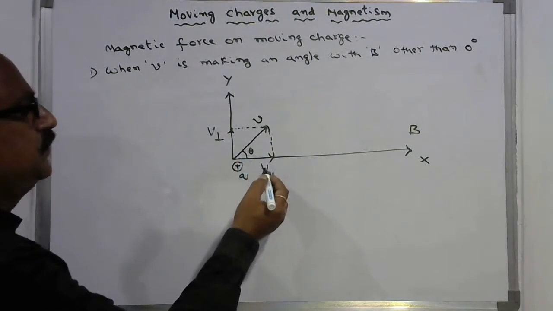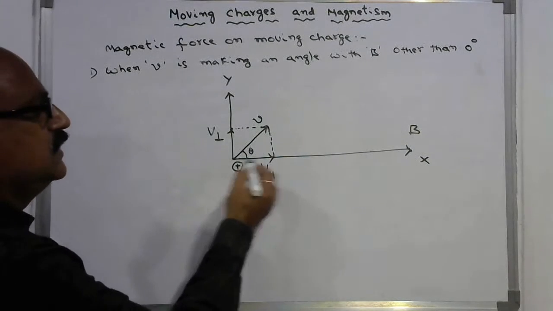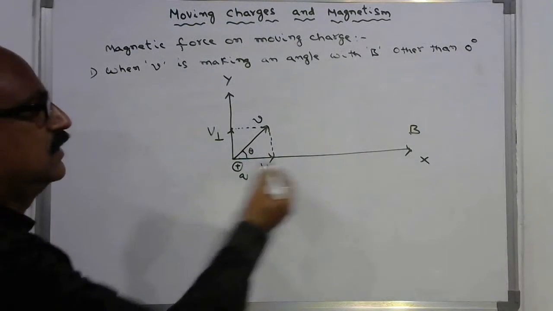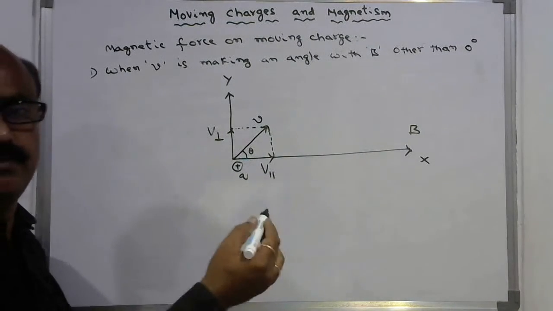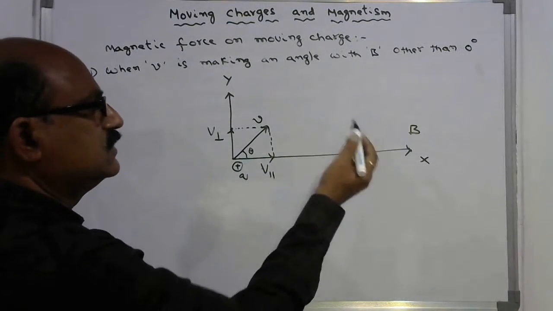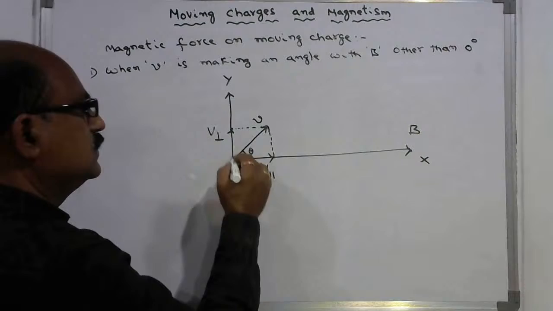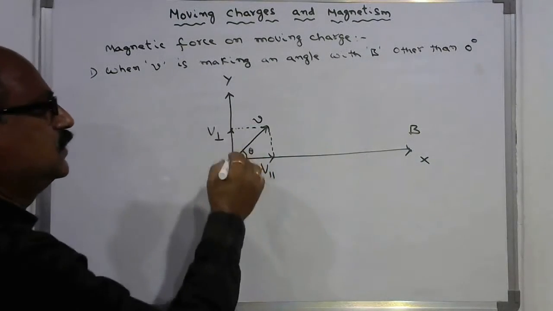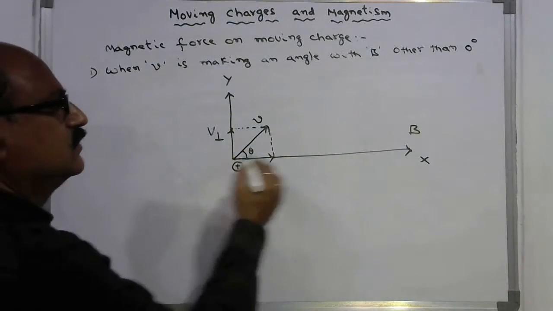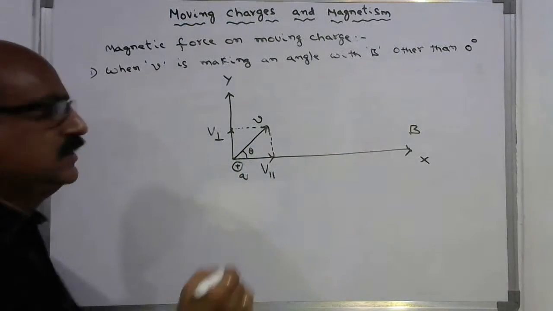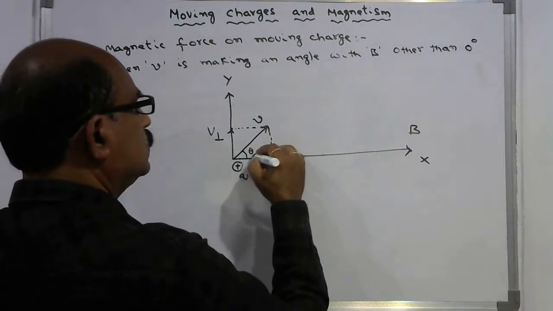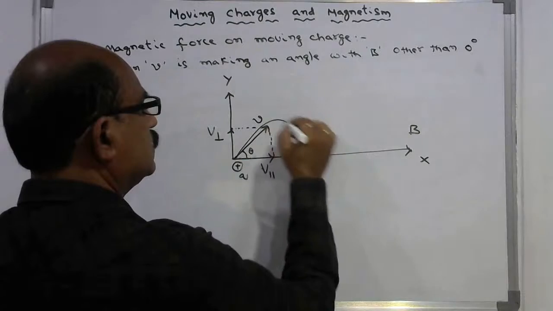Now we know that the parallel component, which is along the direction of B, has no influence. It moves as it is. Whereas the component of velocity normal to the direction of the magnetic field executes a circular path.